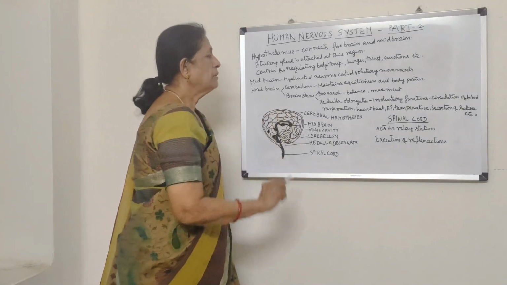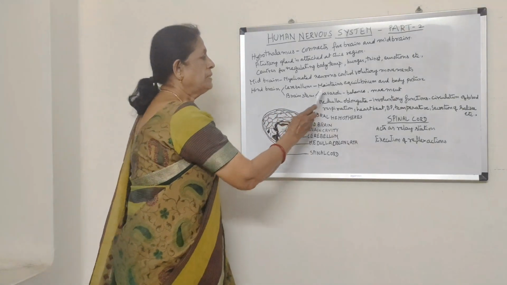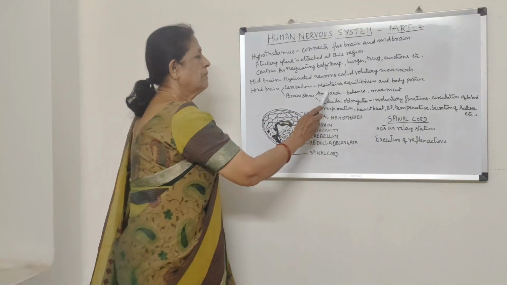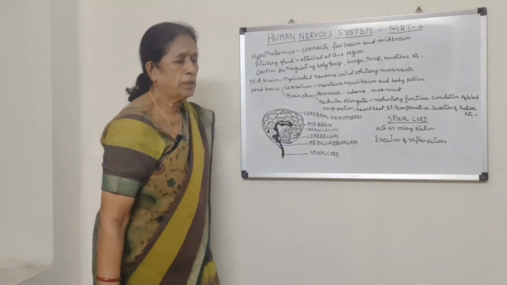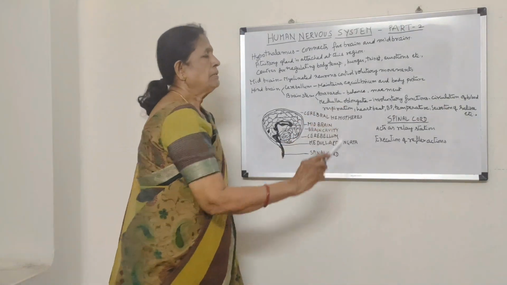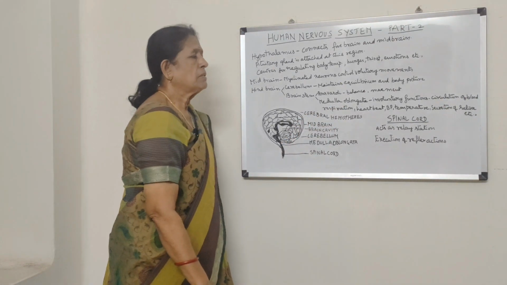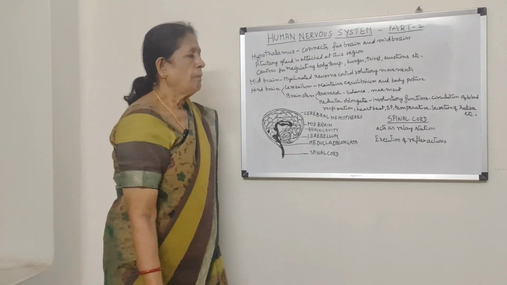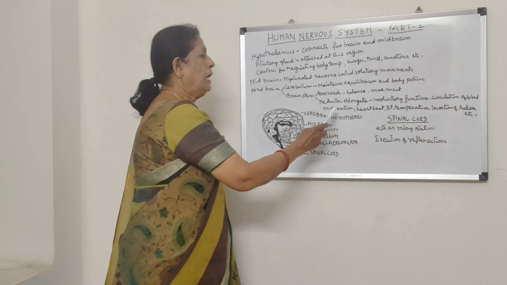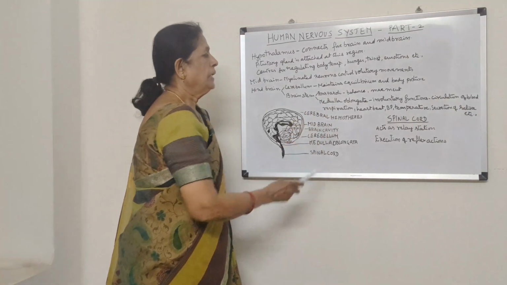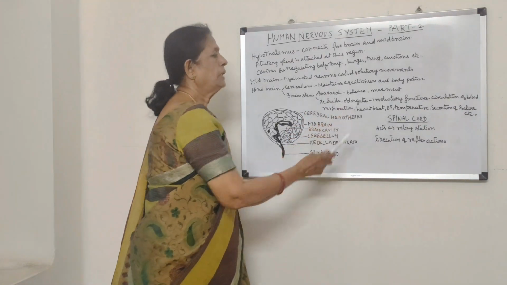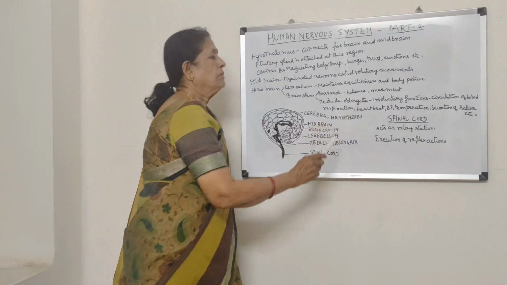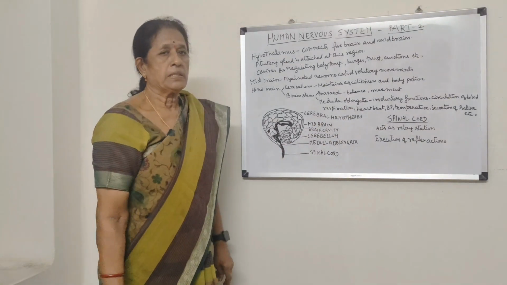And the next part is brainstem. Brainstem is again divided into two parts, pons varolii and medulla oblongata. Pons varolii is important in maintaining balance and also movement. It controls movement and also balance of the body. And the last part of the brain is medulla oblongata, which controls involuntary functions.